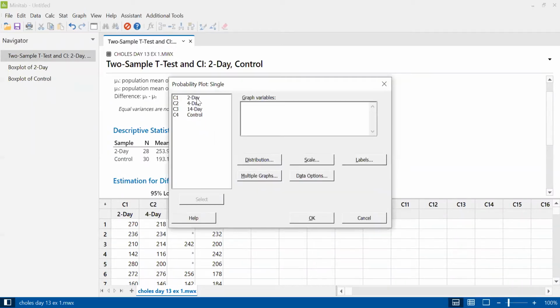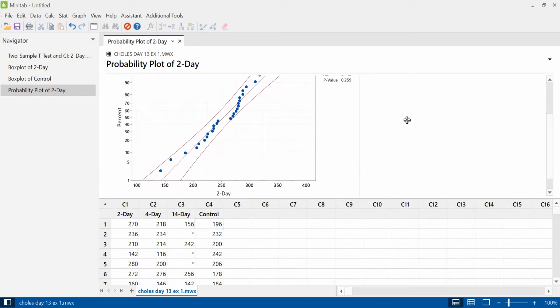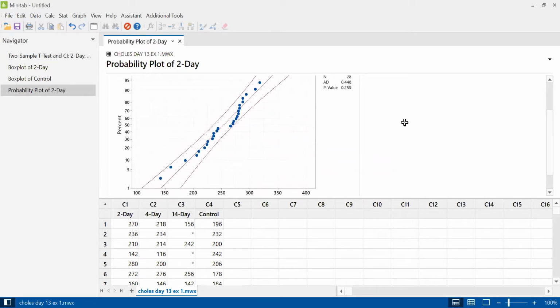I'm going to bring in that 2-day and then just click OK. Does look fairly linear, but again, I want to take it that step further and run that normality test. Remember the normality test. I'm looking for my p-value to be greater than 5%. It certainly is. It's almost 26%, right? So it's 0.259. So with a p-value greater than 5%, we can assume normality, right?